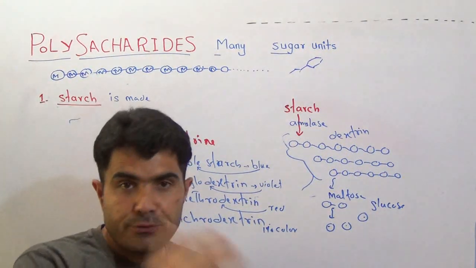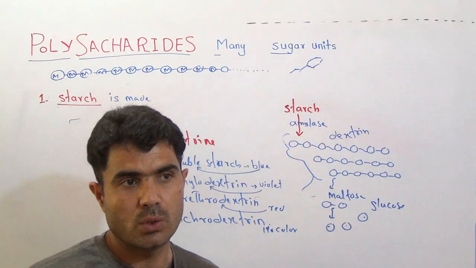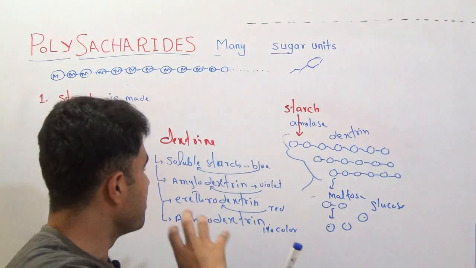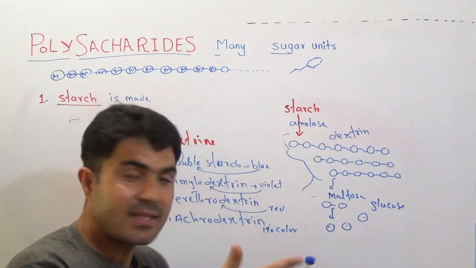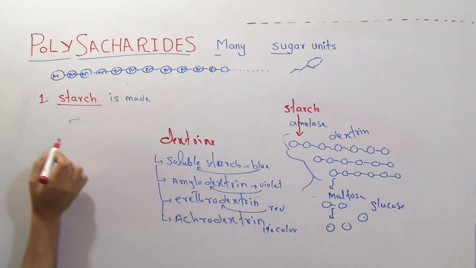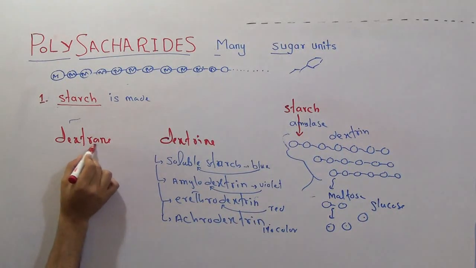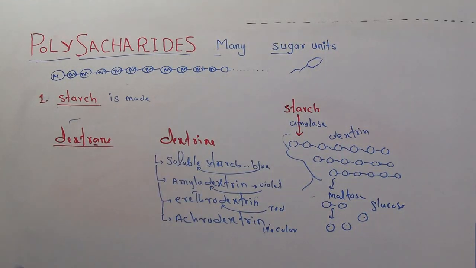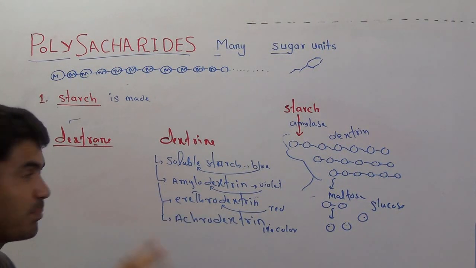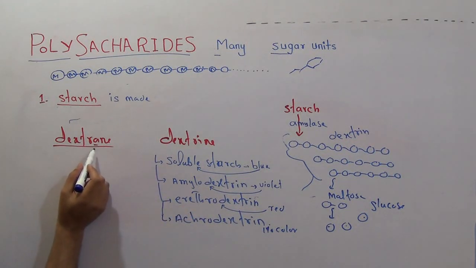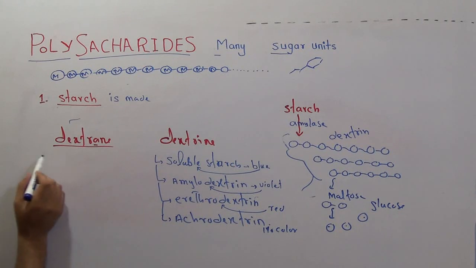There is one more polysaccharide whose name is slightly similar to dextrin. What is that polysaccharide? This is dextran, spelled with an A, and the other is dextrin with an I. By pronunciation they look like similar things, but they are not. Dextran is a polysaccharide, but we make it from sucrose.